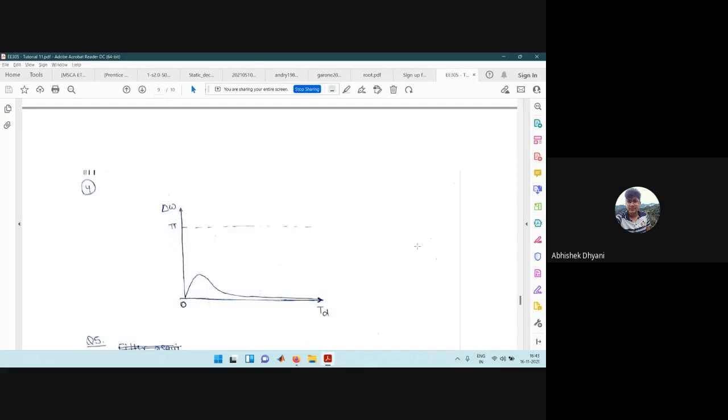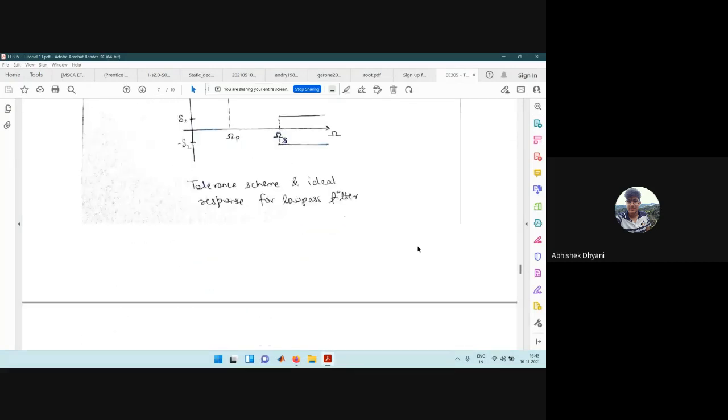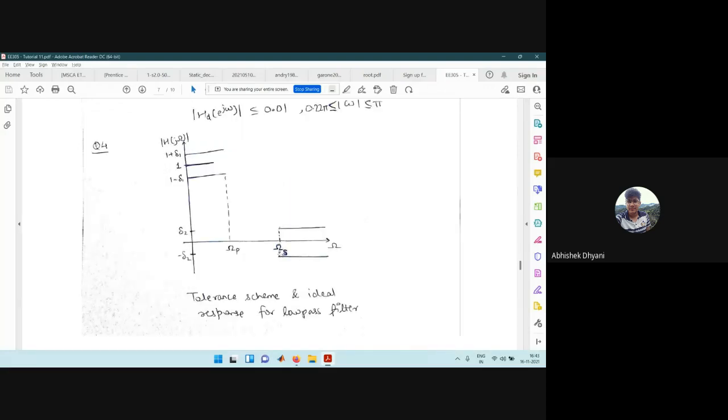Again, we can also look at the significance of this, especially using this diagram. So the transition width is basically the difference between this capital omega s and capital omega p. Although we were looking in the discrete case, it still makes sense. The difference between these two is the transition width, because it tells us how quickly we are transitioning from the pass band to the stop band.